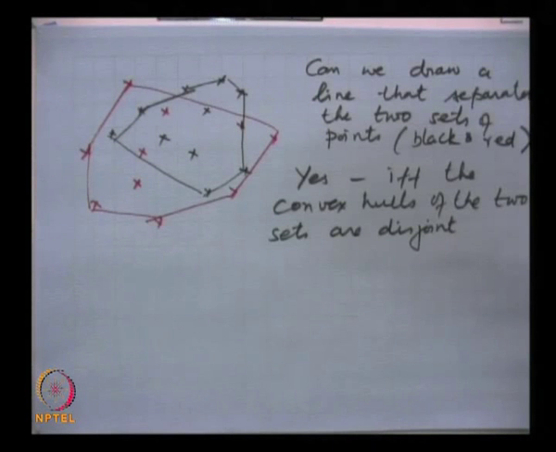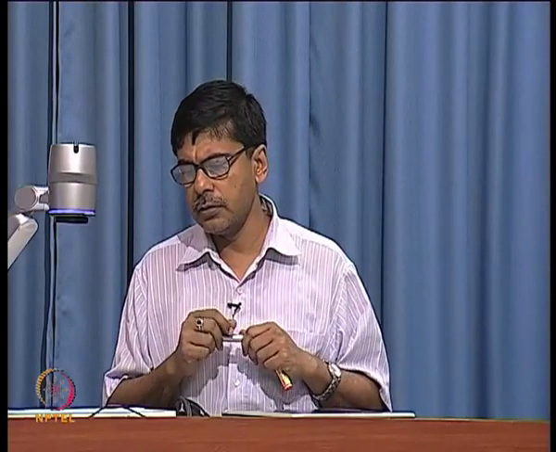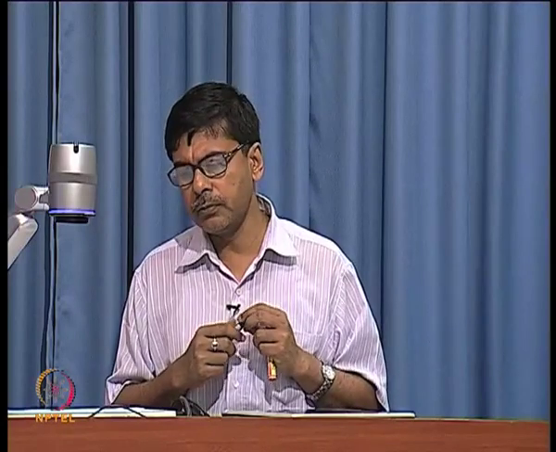Analogously, if the 2 convex hulls are disjoint, then you can have a linear separator. This is basically linear separability of point sets, and it's a very important primitive for many things, including even learning.